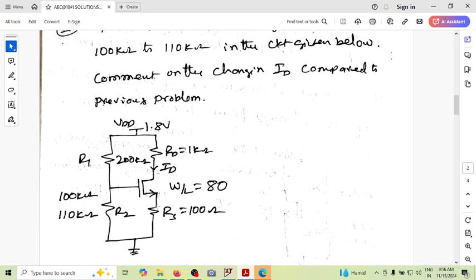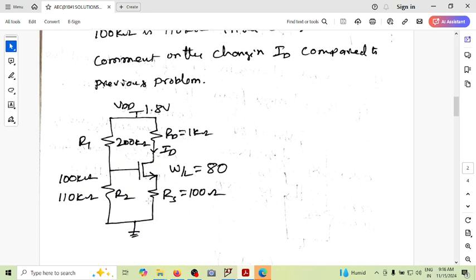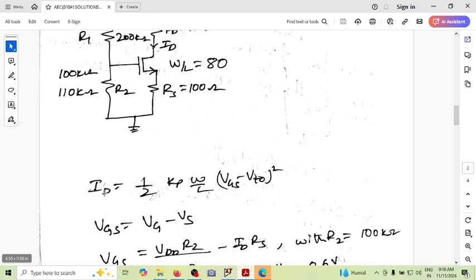Again, we do the same analysis. Assuming the MOSFET in saturation region, we write the expression of ID is equal to half Kp W/L into VGS minus VTH whole square. Again, when I say VTO, VTH, all are the same. Now we are substituting VTH of NMOS transistor, which is 0.4. But the VGS is the voltage at the gate minus the voltage at the source, because the source is not grounded.